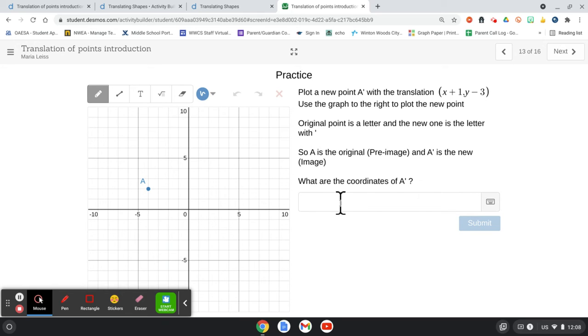So here's what you're going to do now. We're going to take point A, that blue point right there, and translate it to a new spot on the grid following this rule. The rule says x plus 1, y minus 3.